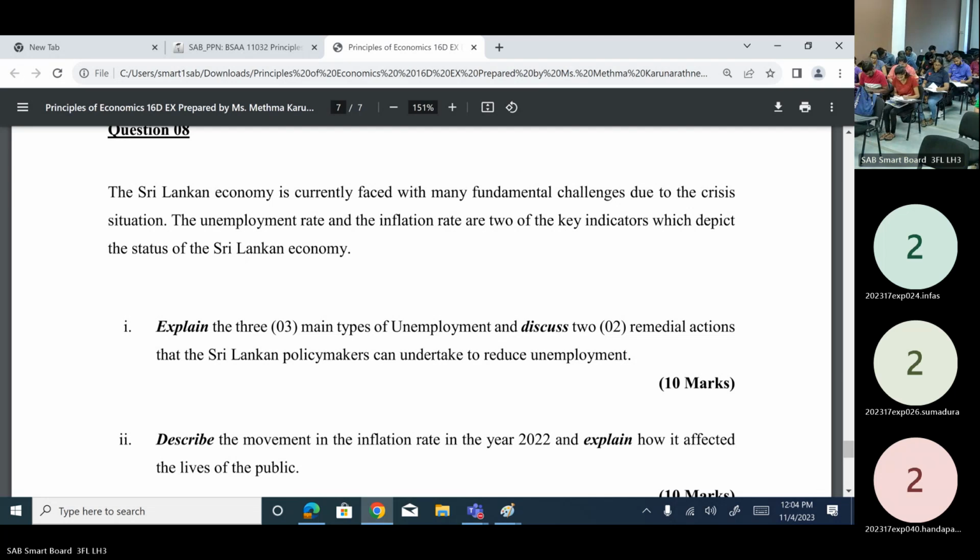Next one. Even if the people had buying capacity or purchasing power, people could not buy what they wanted.